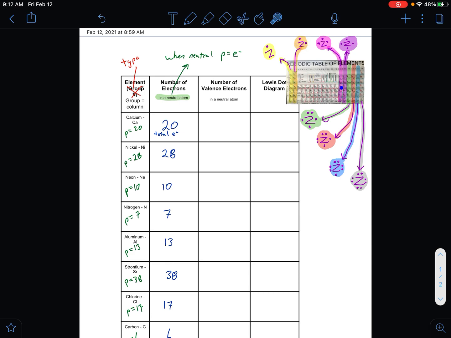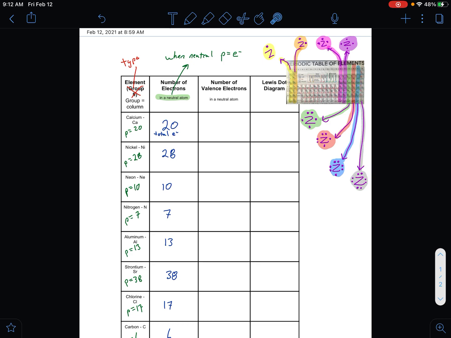Any element in group 13 has 3. Elements in group 14 have 4 valence electrons. Elements in 15 have 5 valence electrons. Elements in 16 have 6 valence electrons. Elements in 17 have 7. Elements in 18 have 8.